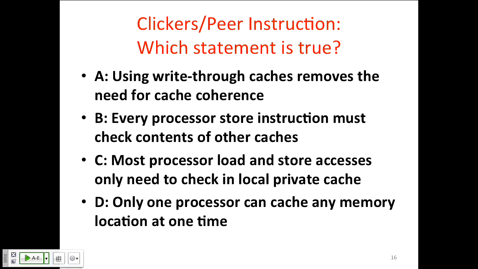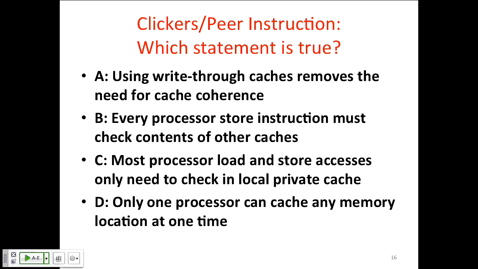Every processor store instruction must check contents of other caches. Well, if it's in your cache and it's dirty, if you've already done a store and brought it into your cache and you modified it, when you do another store to that same line, you know that nobody else has that line. Only one processor at a time can write the line, because when you go to write it, you send it on the bus, and you invalidate all the other copies.